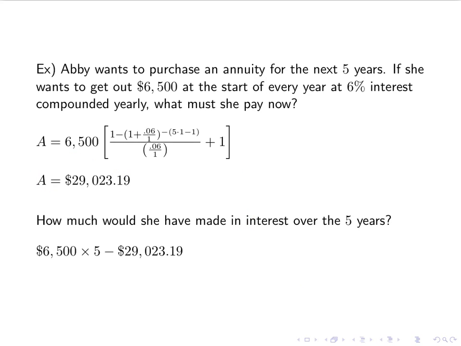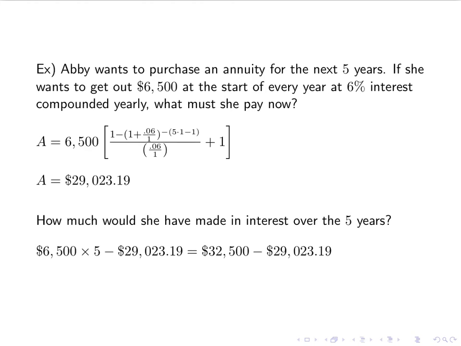So like I said, in this case, it is the future amount, and I didn't write it in here, but you know, M is 1, so I would be multiplying this by 1, but it's $6,500 every year for 5 years, so 6,500 times 5. So she's getting out $32,500.